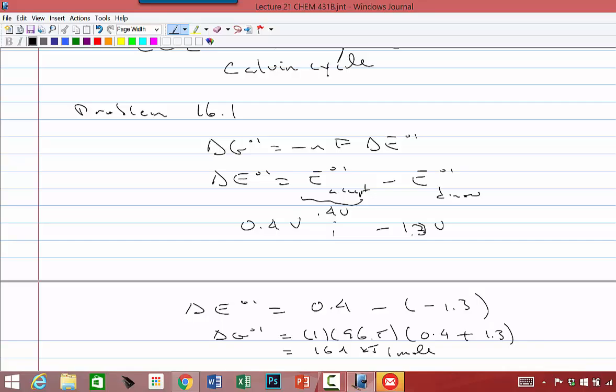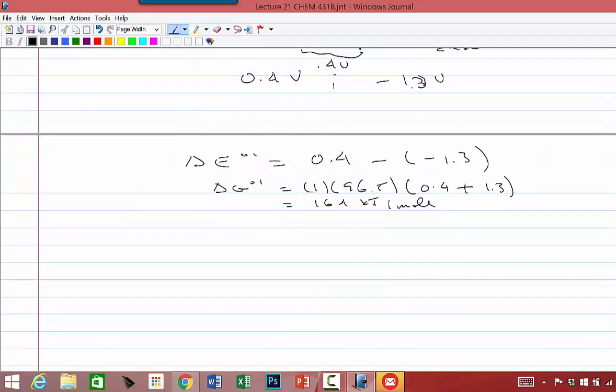Next, we have to figure out the second part of the equation. We have to figure out how much energy we get from an Einstein of 700 nanometer photons. So I'm going to write that down, 700 nanometers, and one Einstein of 700 nanometer photons.